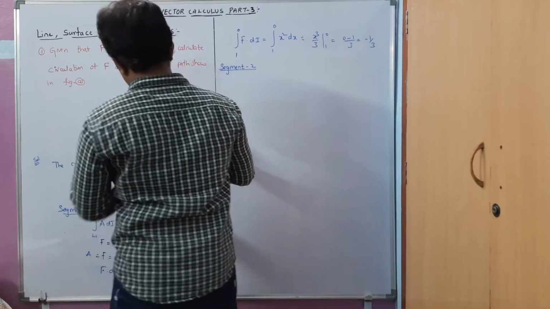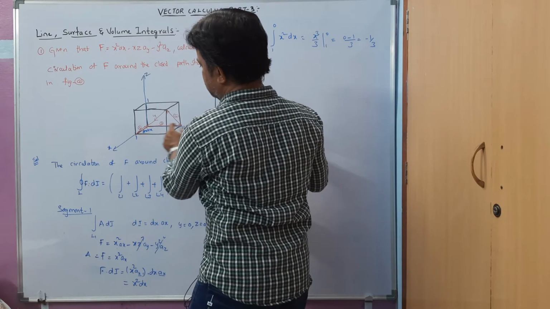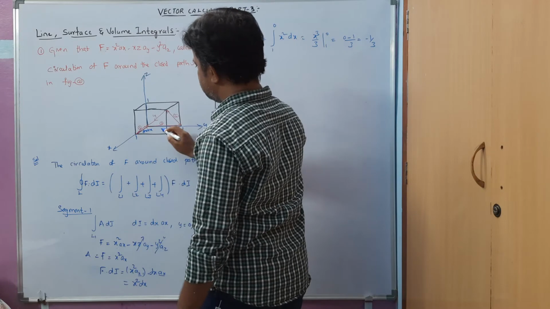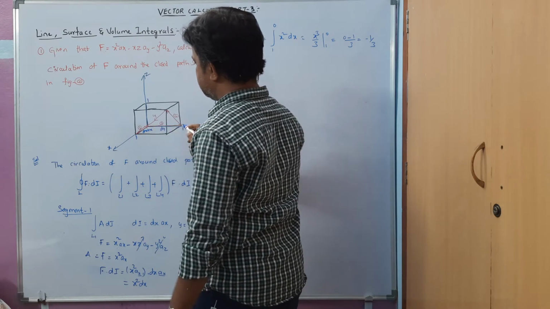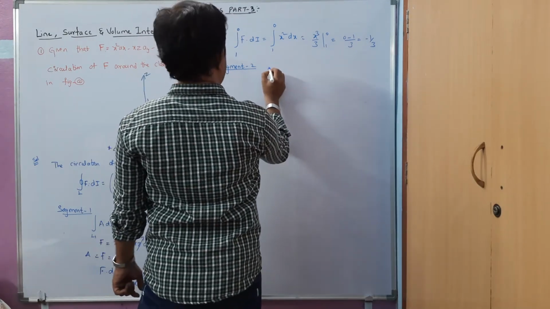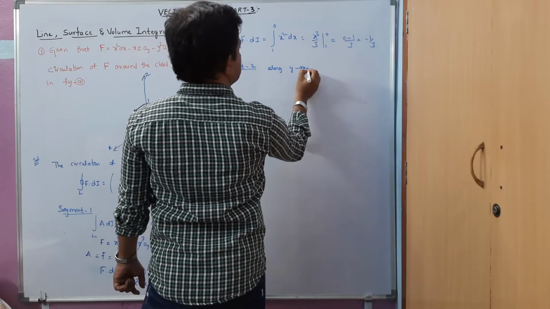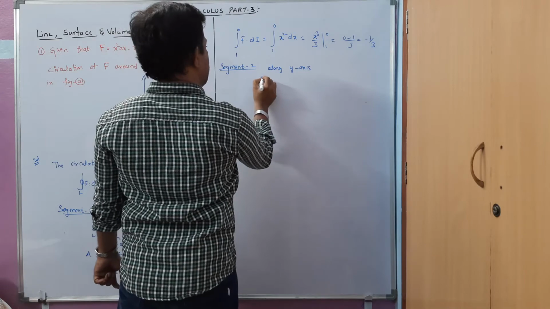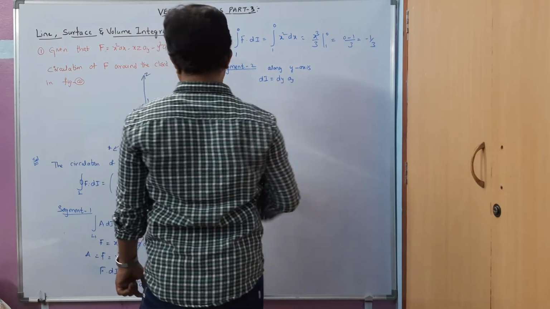Segment 2, it is taking from here to here, that is origin to this point 1. Okay. So along this one, this is the dy, and along this direction x is 0 and z is 0. Along y axis, so that I get here dl as dy ay.